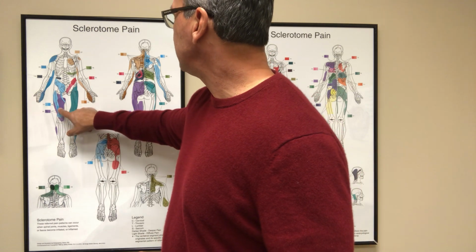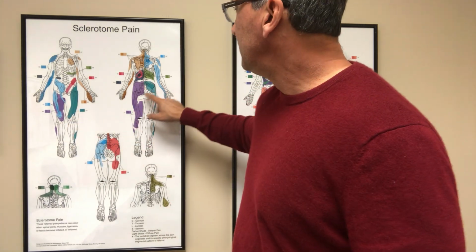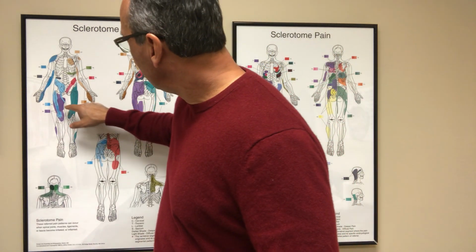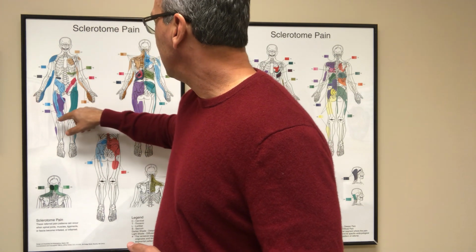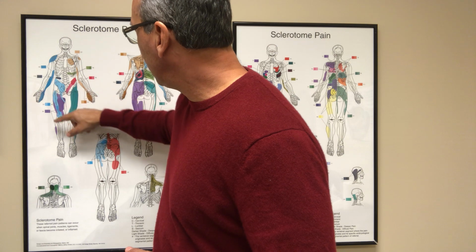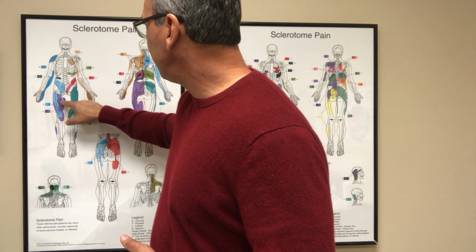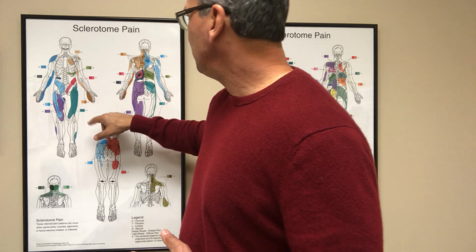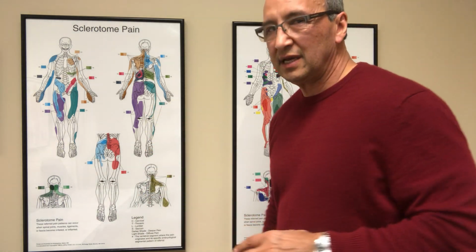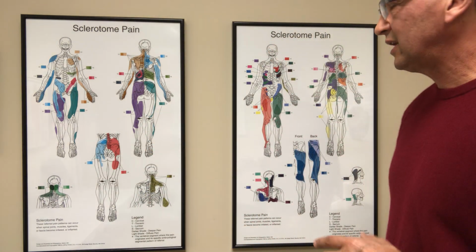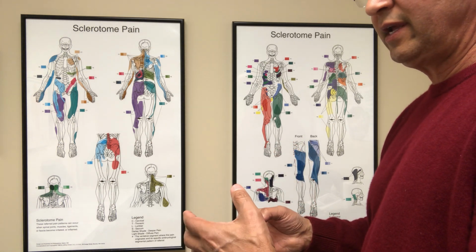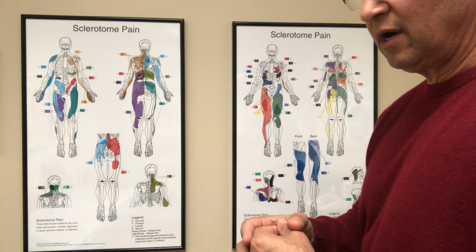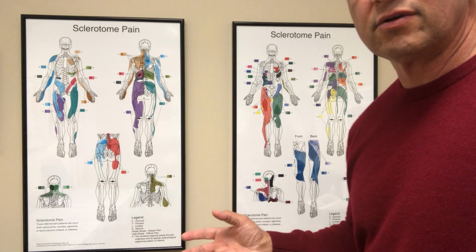If you look at the front of the thigh, because this was the back here, if you look at the front of the body, the L2 area can be felt in the thigh here, in the blue area. S1 can be felt in front. These are a little misleading because they're not entirely accurate in terms of the probability or the extent to which they are seen in a clinical setting.